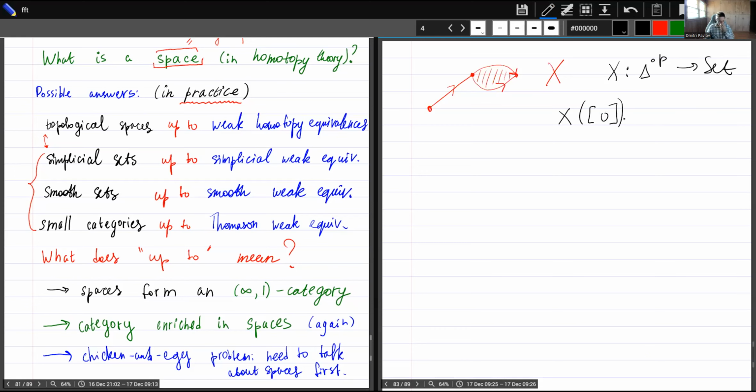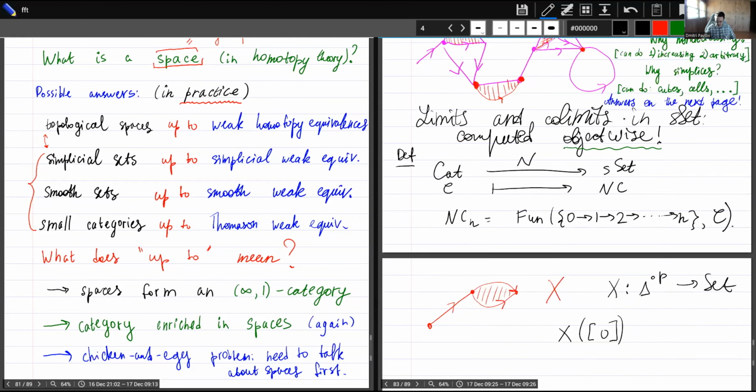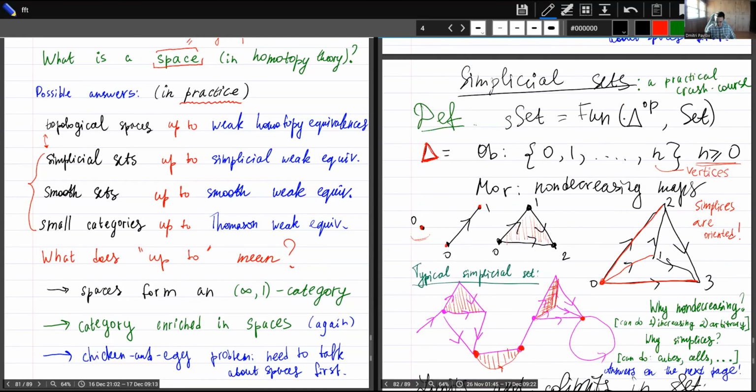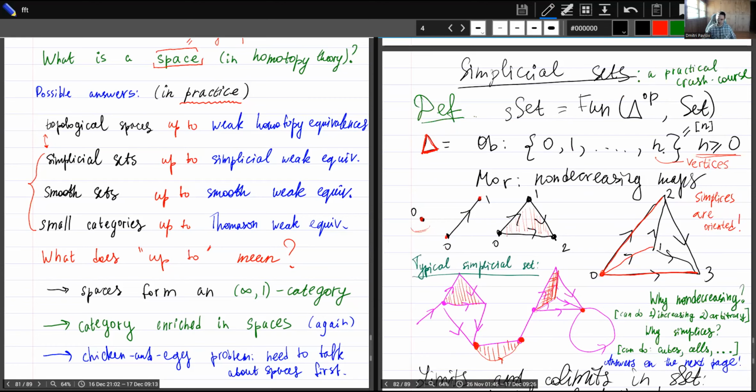So 0, recall, is a set with a single element. Did I introduce this notation actually? Oh yes, I'm sorry. This is called n in square brackets. So n in square brackets denotes a simplex with n plus 1 vertices from 0 to n inclusive.